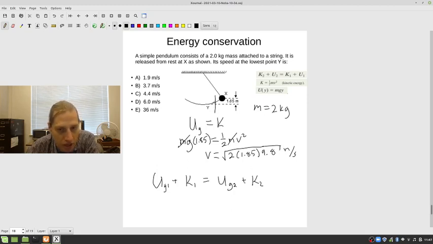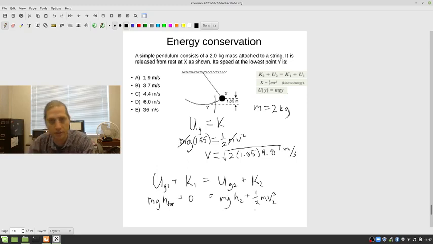You could still use this because you would just say mg h top plus 0 is still going to be mg h at that time 2 plus 1/2 mv squared at that time 2. Okay, so you can use this type of energy conservation problem to solve for the speed of the ball at any one of these heights. Okay, so that's the take-home message.